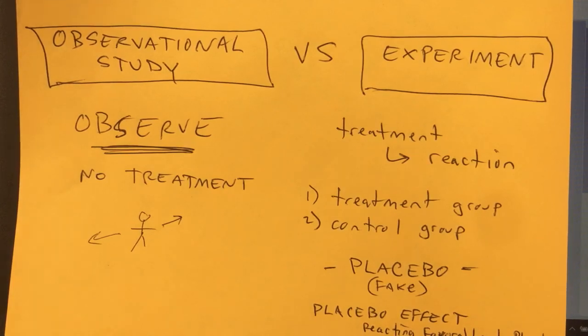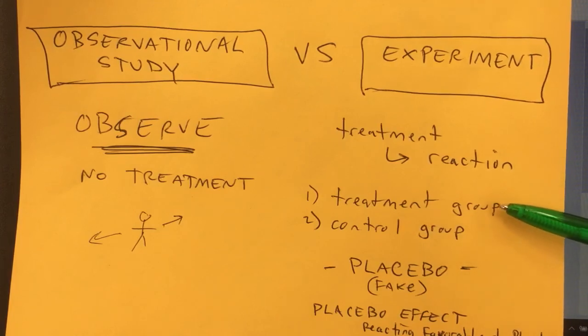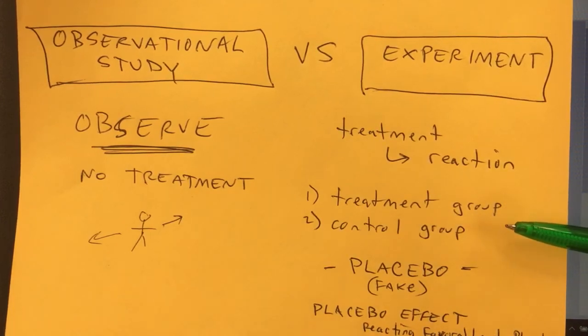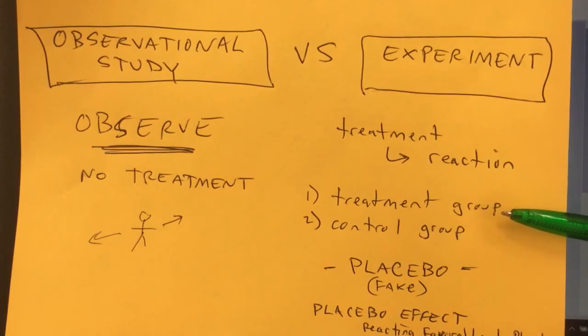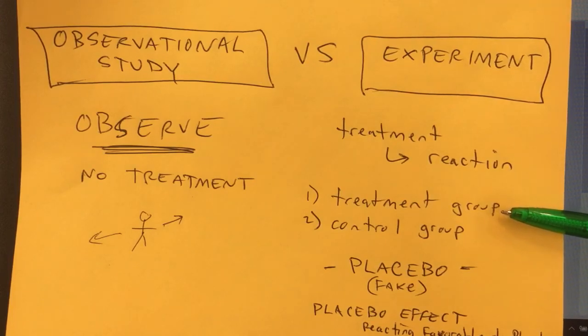And they have all these people that they've signed up that they're given this treatment to. You have a treatment group and you have a control group. The treatment group is a group of people that are getting this vaccine, whatever it is, that they're trying to establish as the treatment for this virus.